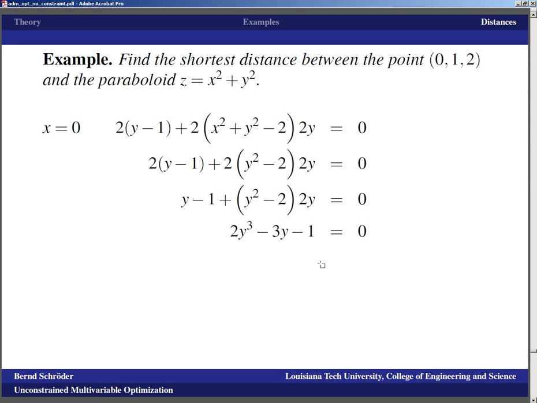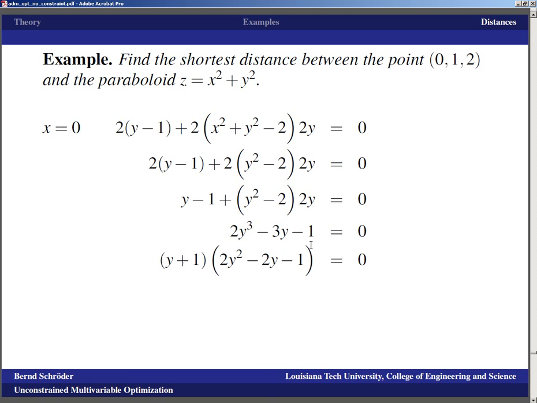Well, basically, there is the cubic formula, which we don't memorize because it is just a little bit too complicated. You can work it out numerically, so you can use a solver, or sometimes you can use the rational zeros theorem if you're lucky enough that there are certain rational zeros. And this function actually has a zero at y equals -1, because 2 times -1 cubed is -2, minus 3 times -1 would be +3, and then -1, so you get -2 plus 3 minus 1, that is 0.